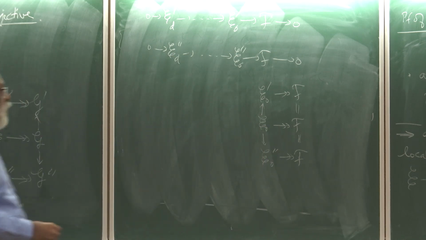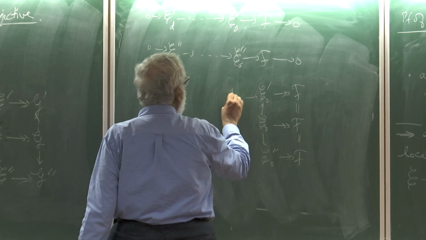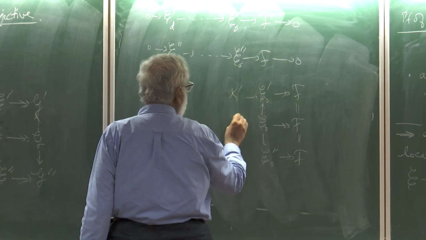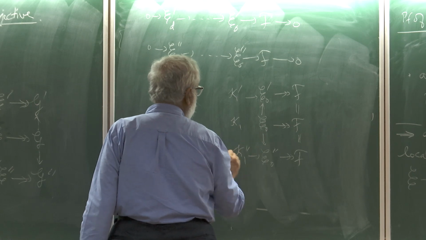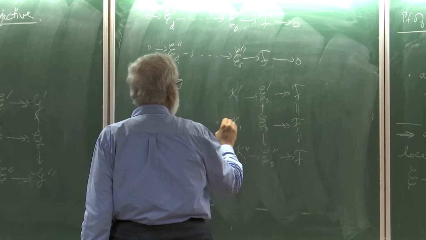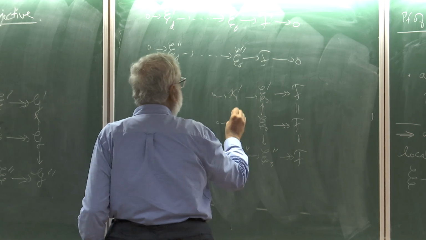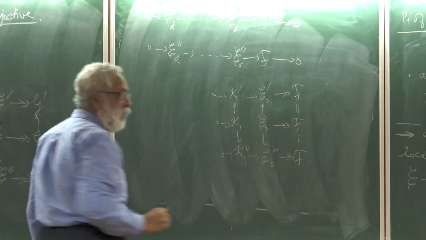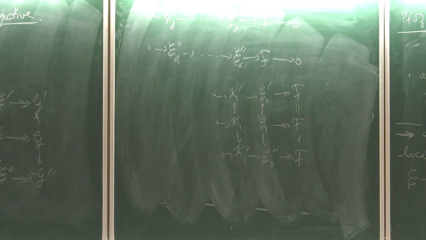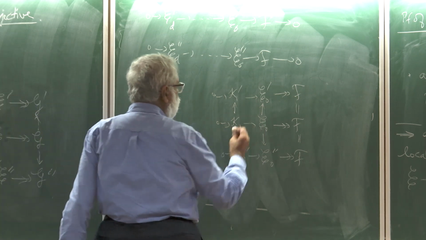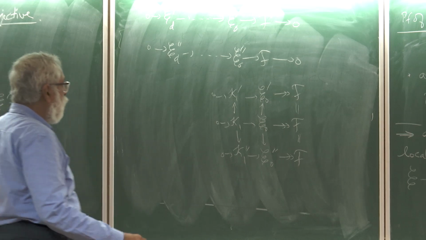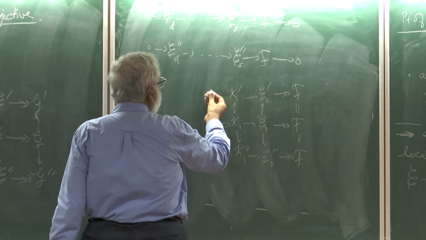Now I'll have some kernel, whatever it is. Just because the diagram commutes, there are maps like this. So this I'll get. But now here I'm given something more.